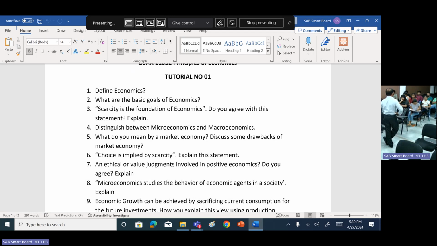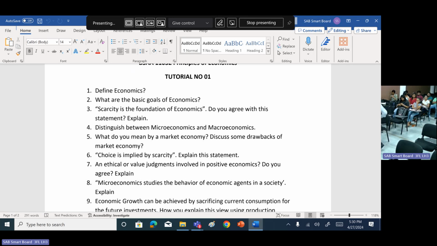The macroeconomic objective is different. And the mechanism: microeconomics uses the price mechanism, demand and supply, while macroeconomics uses aggregate demand.